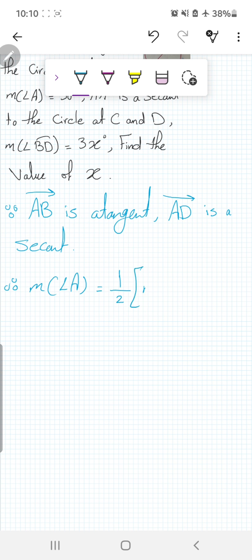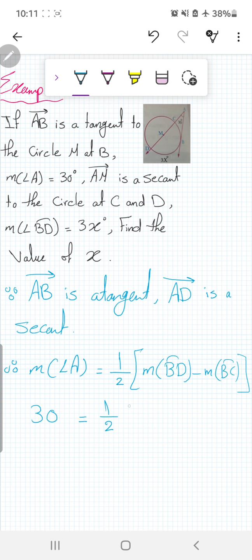By substitution, the measure of angle A, which is 30, equals half the measure of arc BD, which is 3x, minus the measure of arc BC.